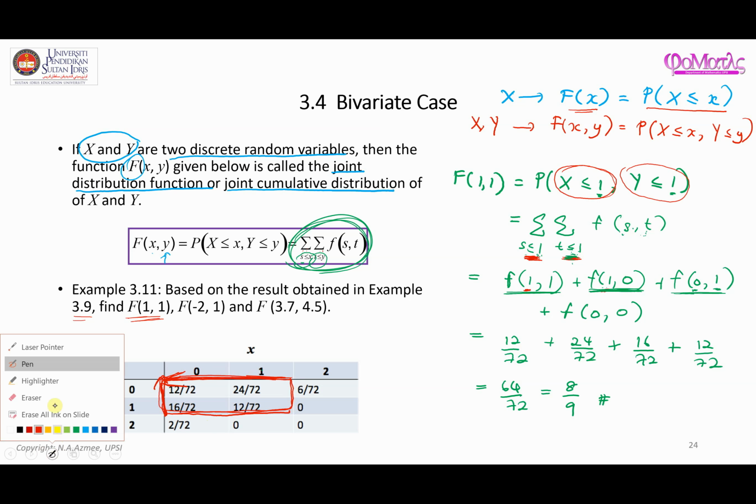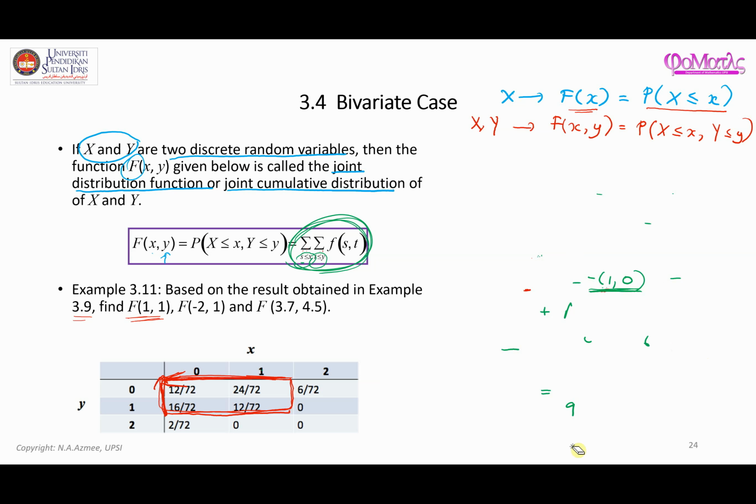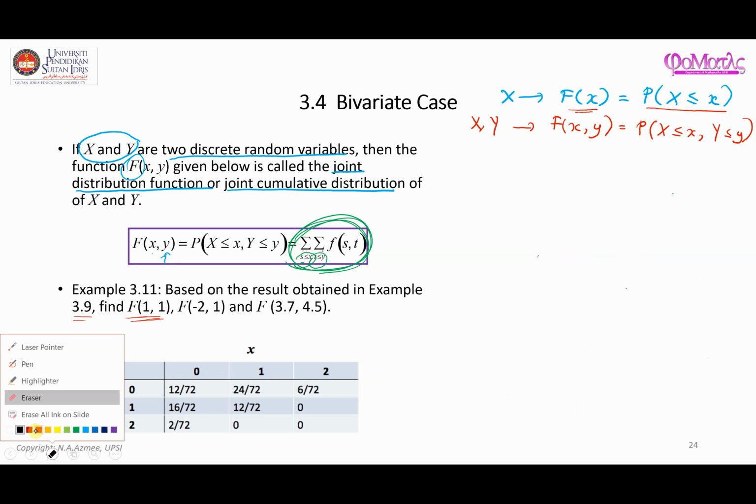Okay, so let's move on to the next question, which is finding f(-2, 1). For f(-2, 1), you can see that x = -2 doesn't exist really. Negative 2 is somewhere in this direction for x, so it doesn't exist.